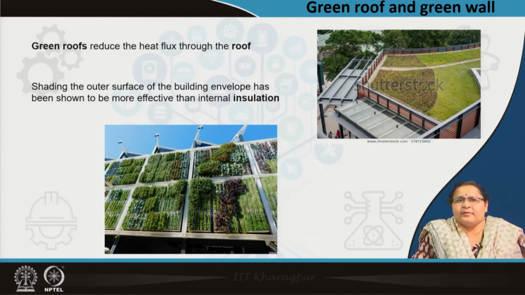Now, yes, from outside any shading, not allowing the entry of sunlight, will obviously be an effective barrier to the thermal gain. So, instead of putting an internal insulation, you are giving a different kind of look to the building and at the same time preventing the sun rays or the surface to get heated and heat being trapped inside.